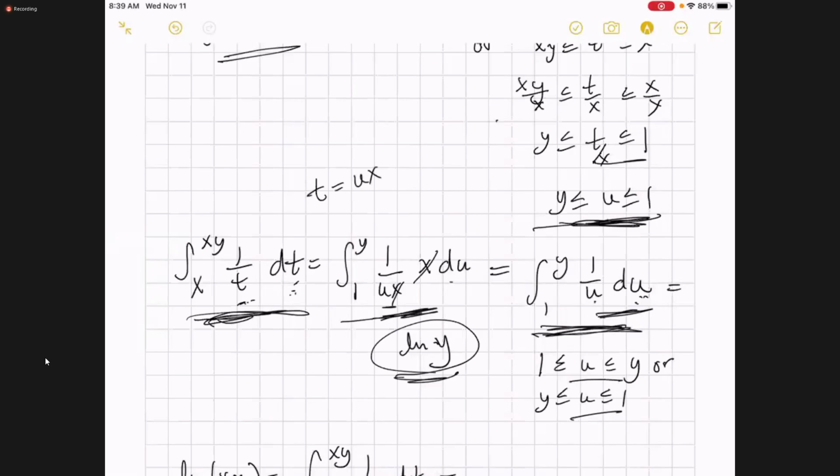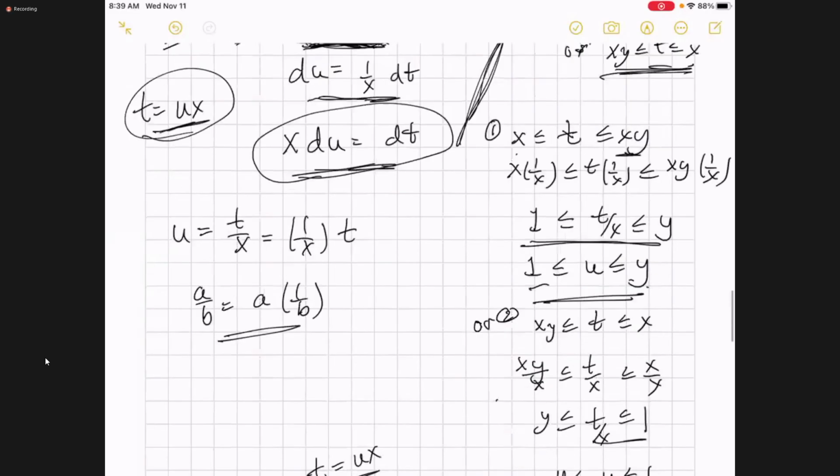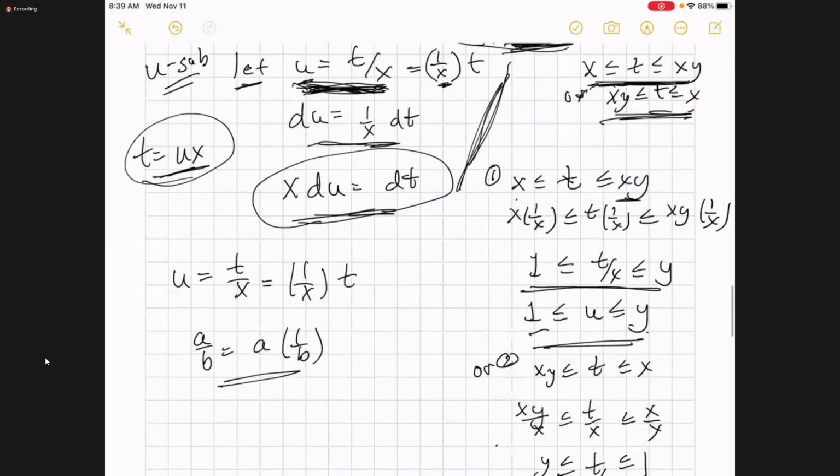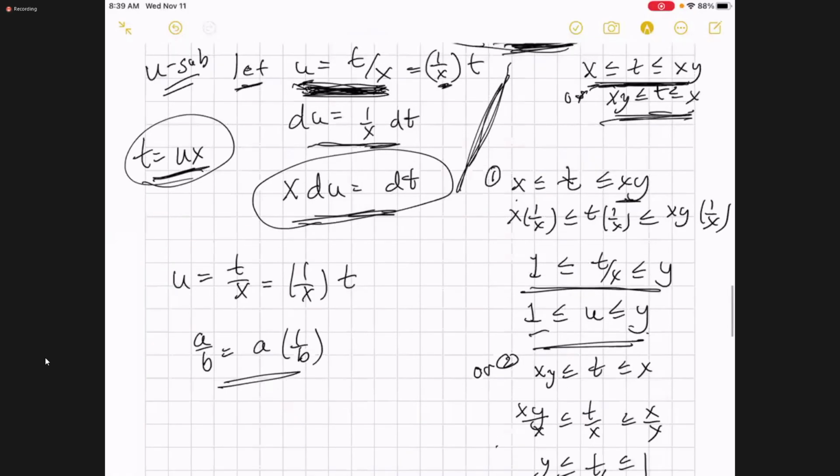I made this definition, I've got to stick with it. You don't get to change it in the middle. You make a definition, you stick with it. According to my definition, t is u times x, because u is t over x. If I multiply both sides by x, I get that t is u times x.